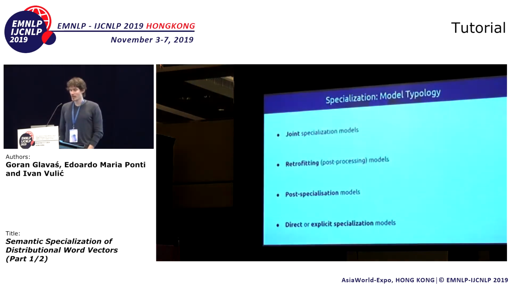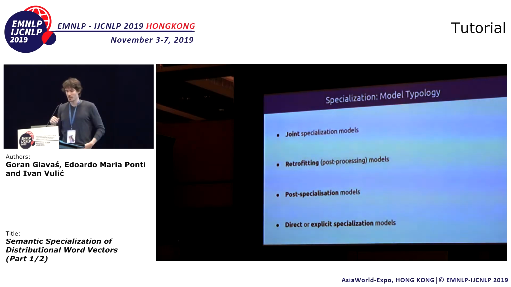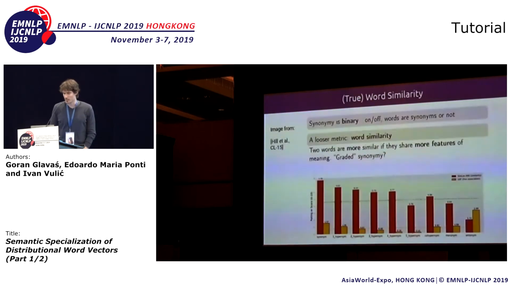We'll cover 4 different types of models: joint specialization models, retrofitting or post-processing models, and 2 lines of work similar to retrofitting called post-specialization and direct or explicit specialization. You'll learn the distinction between the 4 in 30 minutes or so.